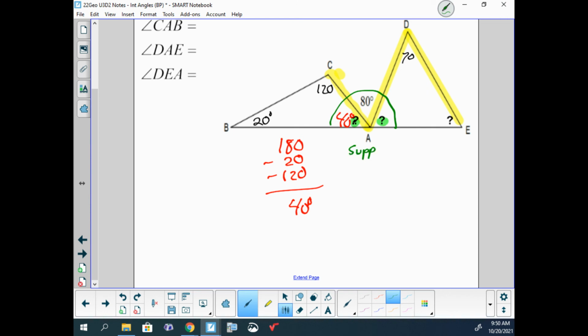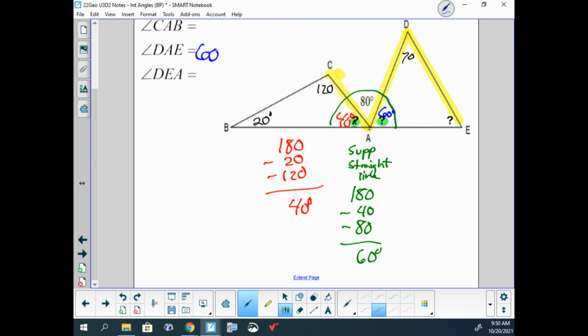They're forming a straight line. Therefore, a straight line adds up to 180 degrees. So 180 minus 40 minus 80 can get me to my answer of, what is that, 60? Yep. So this is 60. And that is angle DAE.